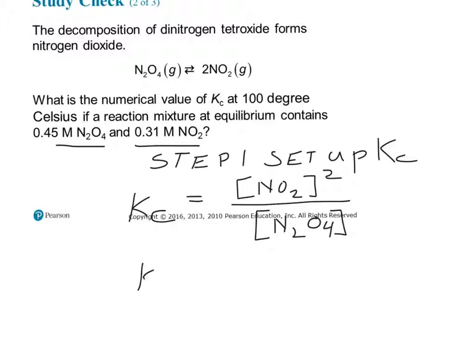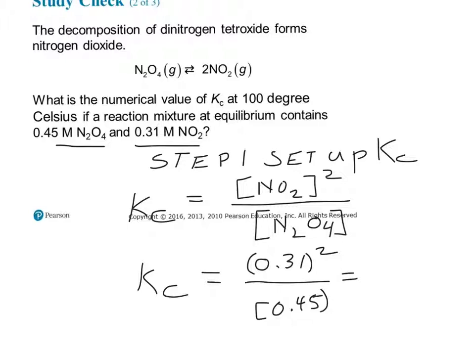Now that I've set it up symbolically, I plug in my numbers. So you wind up with an equilibrium constant of 0.21. Chemistry is easy, life is hard, yes? Let's take a look at the next one.